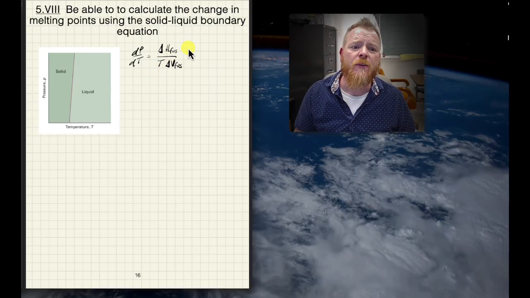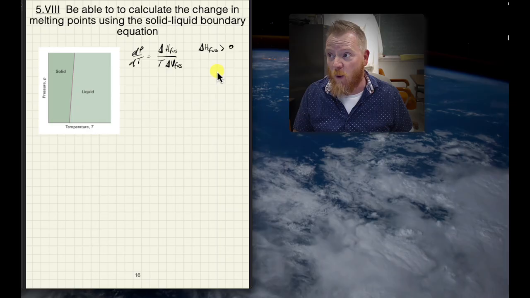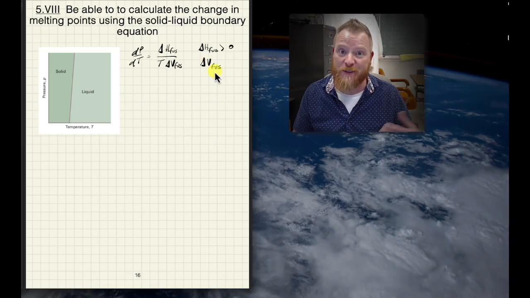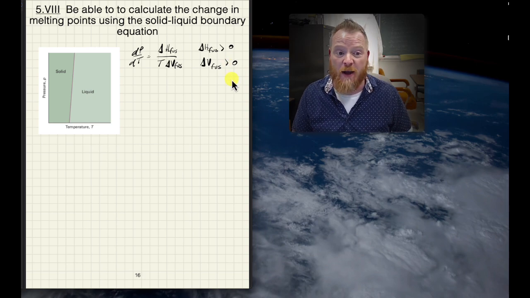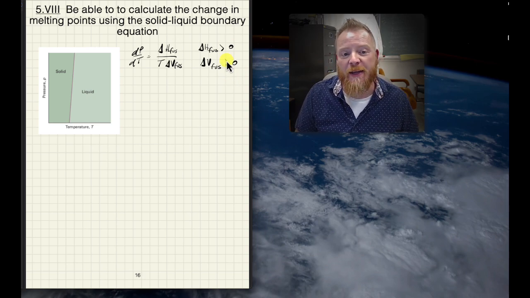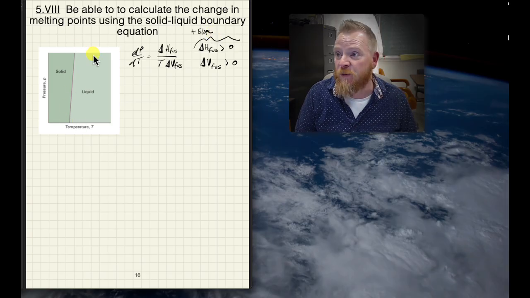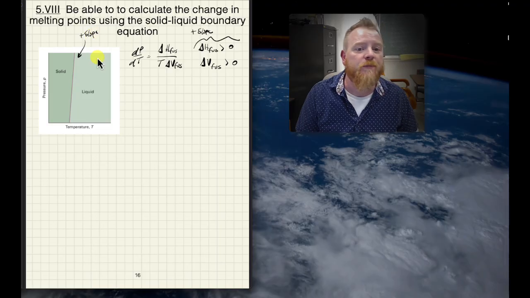What we should note here is the delta H of fusion is a positive quantity, and typically for all materials except, you know what, delta V fusion is a positive quantity. So when both of these things are positive, that owes to a positive slope, which we can see right there.